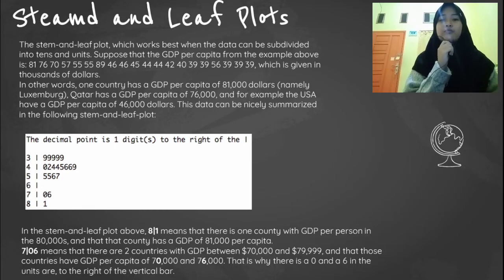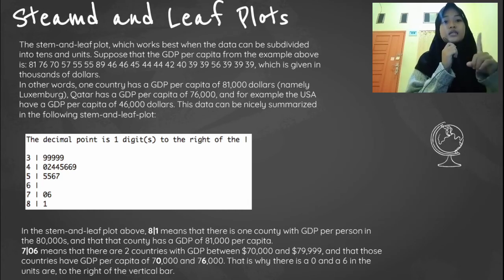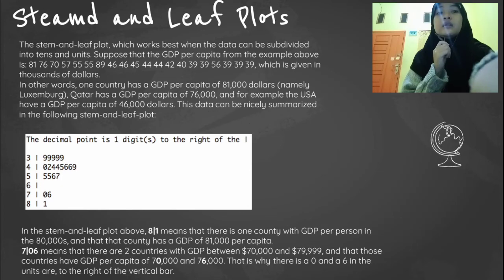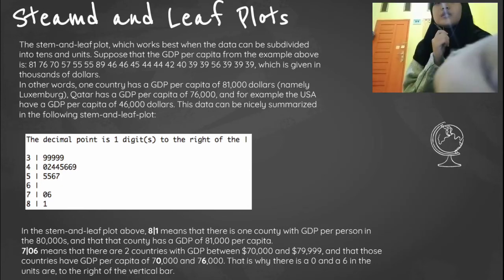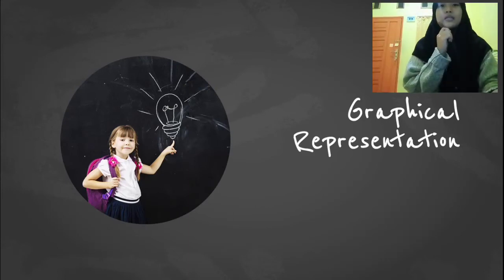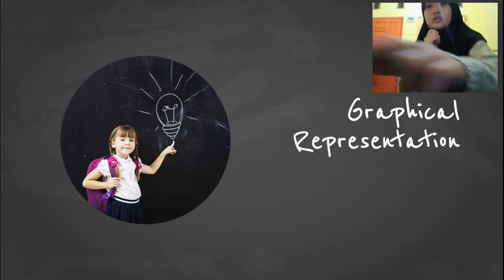In the stem and leaf plot, 8|1 means there is one country whose GDP per person is 81,000 per capita.